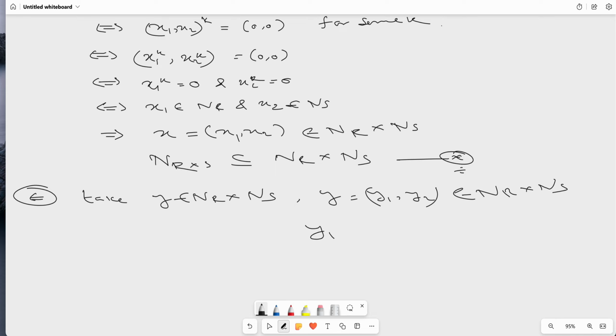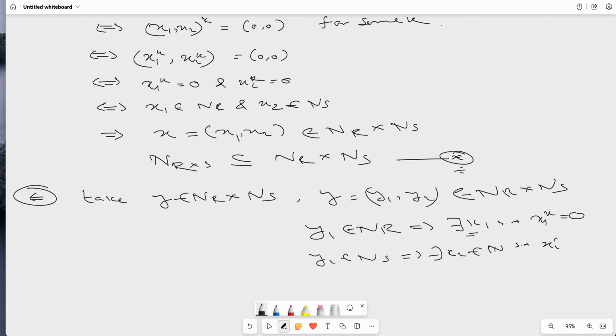That means y1 is inside N(R). This implies that there exists a k1, a natural number, such that y1 to the power k1 is 0, and y2 is inside N(S). This implies that there exists a k2, also a natural number, such that y2 to the power k2 is 0, right?